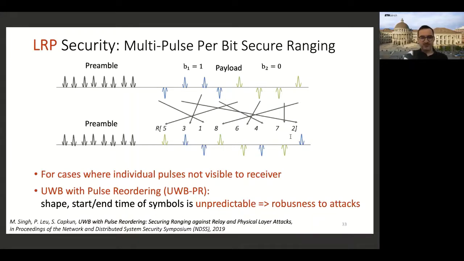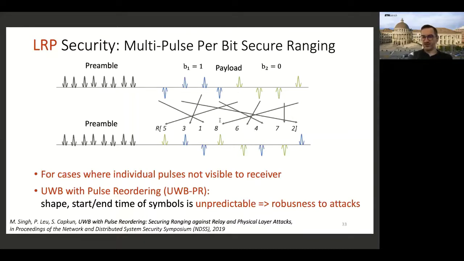In order to do that securely, there are a lot of attacks if you would simply transmit this kind of a sequence. If you would transmit a preamble and then you would transmit a bit one as these 4 pulses, 2 negative pulses and 2 positive pulses, the adversary could, for example, just guess one of these pulses.